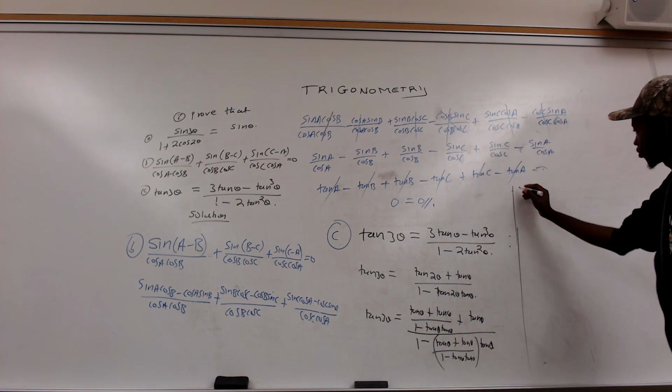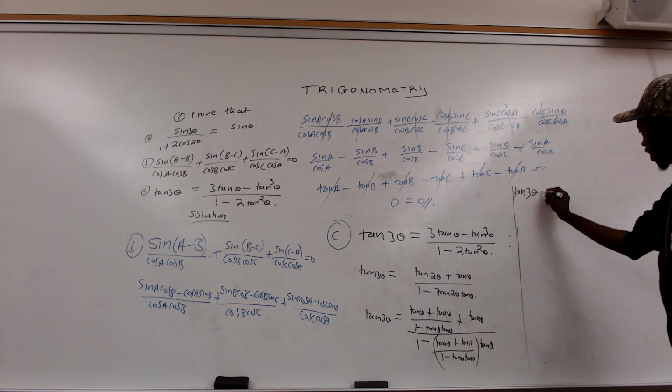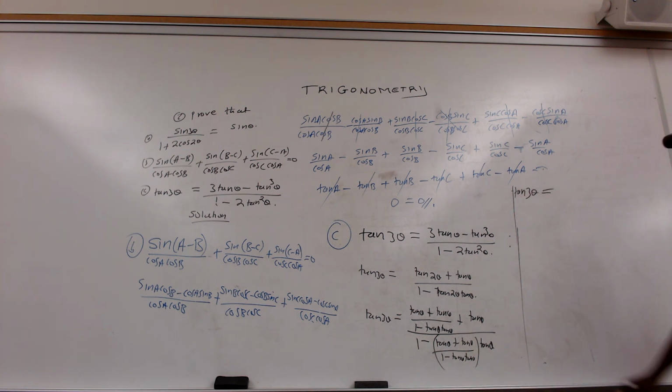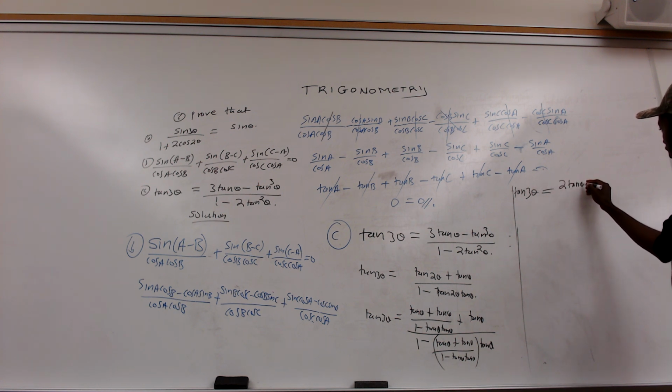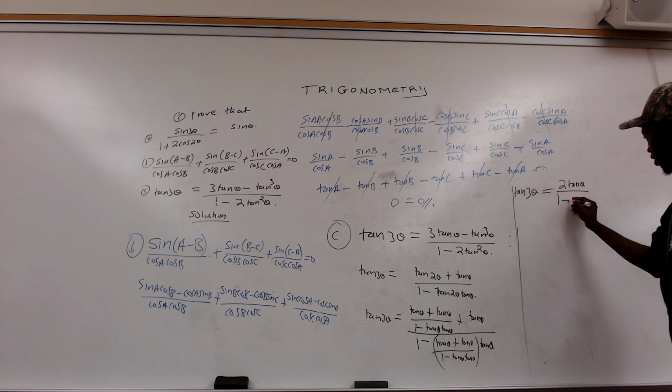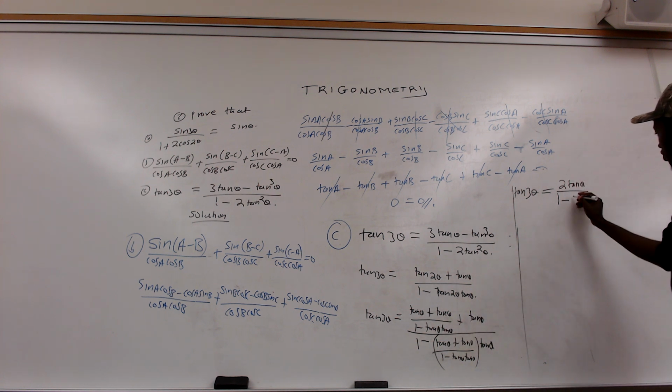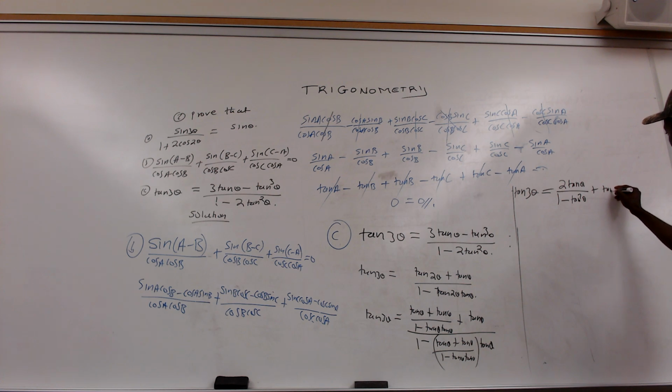So tan 3 theta equals, if we add tan theta plus tan theta, this gives us 2 tan theta divided by 1. If we multiply by tan theta, we get tan square theta plus tan theta.